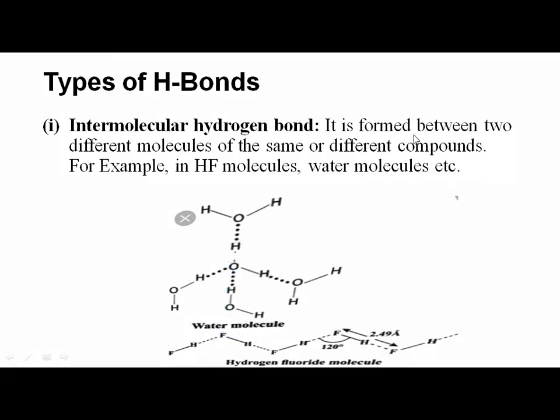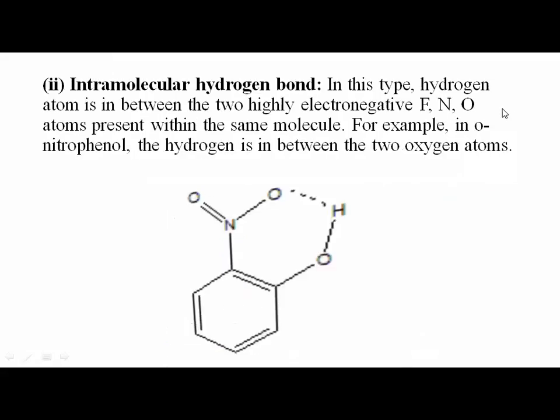Then what is intramolecular? If the hydrogen bond is present within the molecule, see this entire thing you are seeing, this is one molecule only. Its name is O-nitrophenol. See, there is an OH group attached to the benzene ring, we call it phenol, and there is an NO2 group at the ortho position.